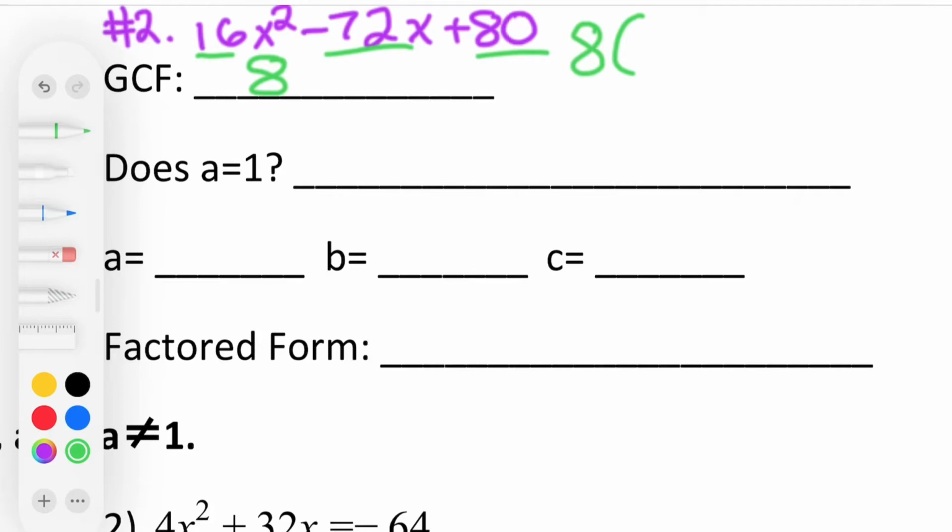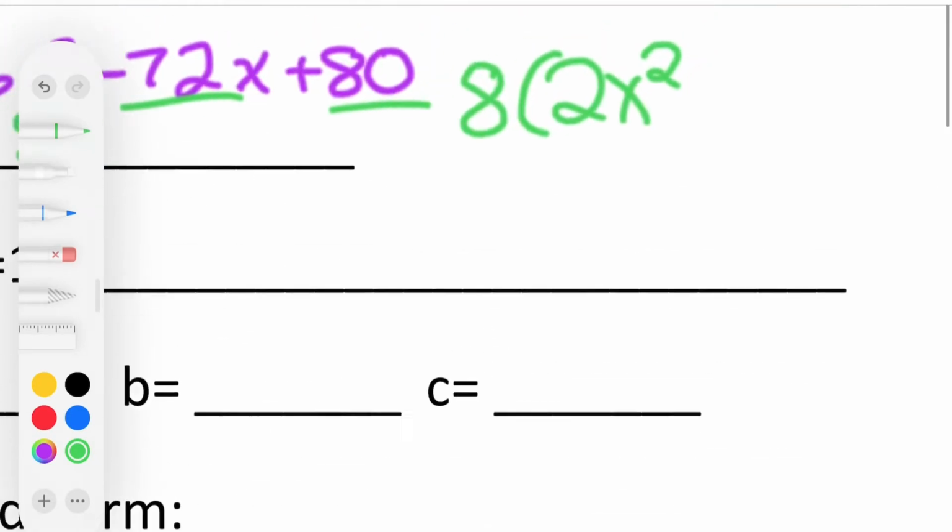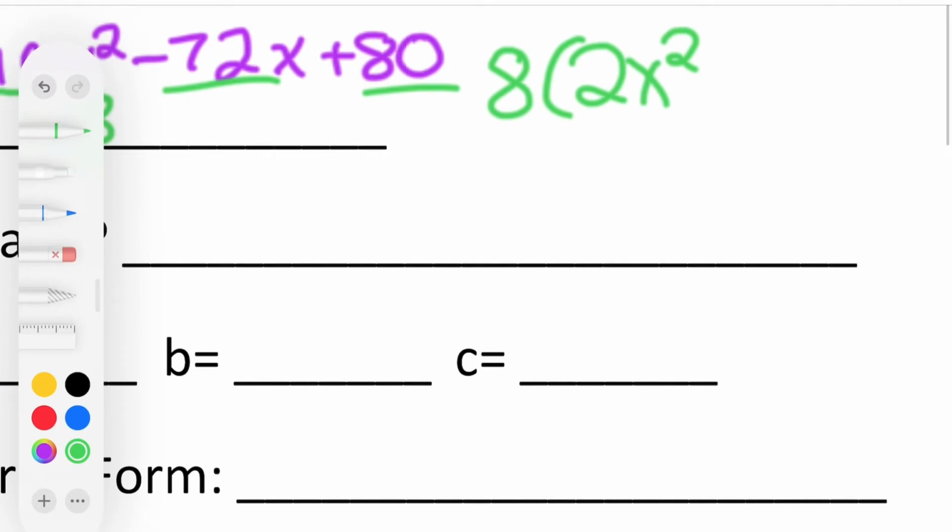So 16x squared divided by 8 is 2x squared. And we're going to take negative 72x and divide it by 8, which was our GCF, to get negative 9x.